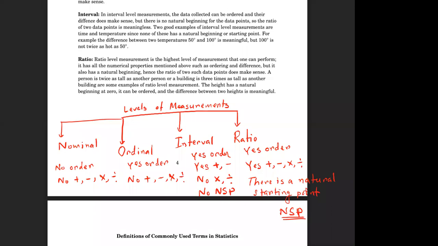I guess no NSP as well, because you can order them, but where does it start? Does it start at A or does it start at F? You could say A, B, C, D, and F, or you could say F, D, C, B, and A. And here, of course, no natural starting point. So try to remember these things. If needed, just take a picture of it. That will help you learn these things.